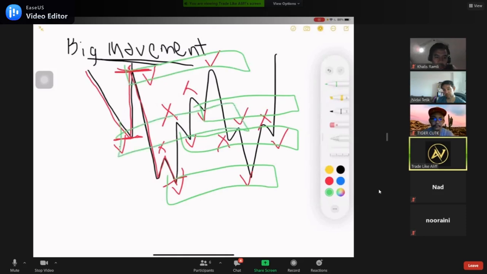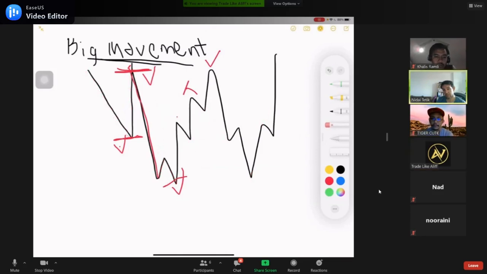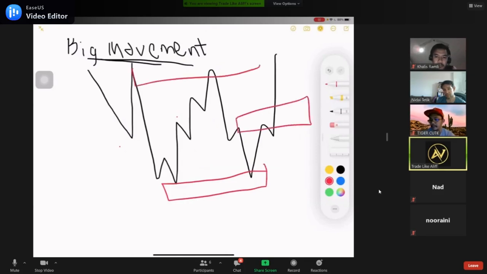But out of all these big movements, I only focus on 1, 2, 3.